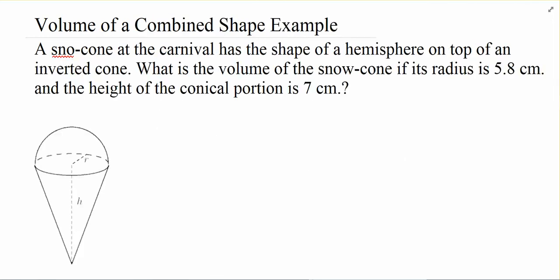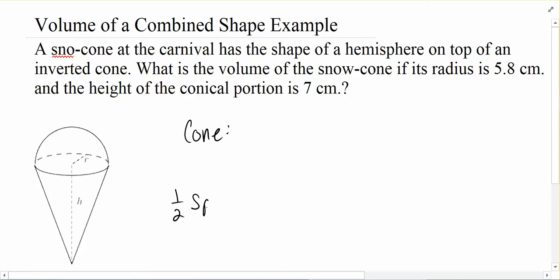Now let's talk about combined shapes or composite shapes. Just like when we were dealing with the area of composite shapes, we're going to try to find what are the two shapes involved, or sometimes three shapes. Let's find their volumes independently and then add them together. So in this case that we have this snow cone, our two shapes involved are we have the cone part and we have half a sphere.